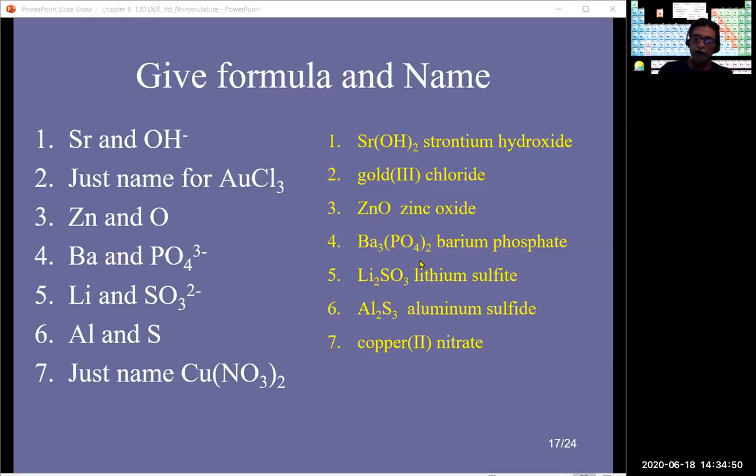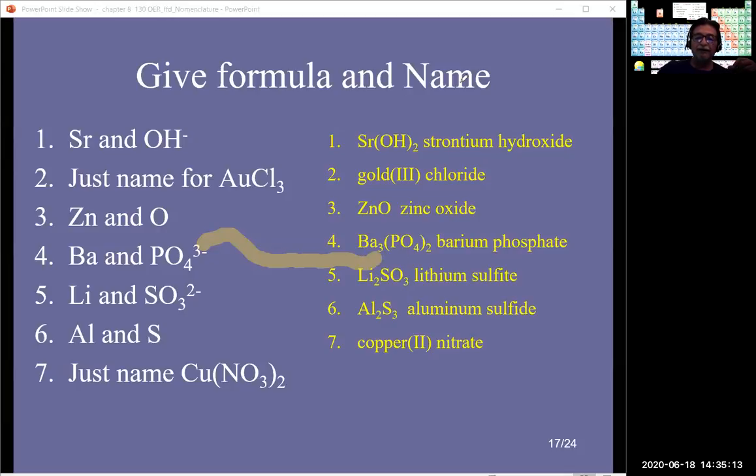Okay, so we can put them together in the correct ratio. Okay, but notice that the superscript, and let me see if I can use that. The superscript of, oh, that's a big one. That's a bad one. The charge of the phosphate became the subscript of the cation.